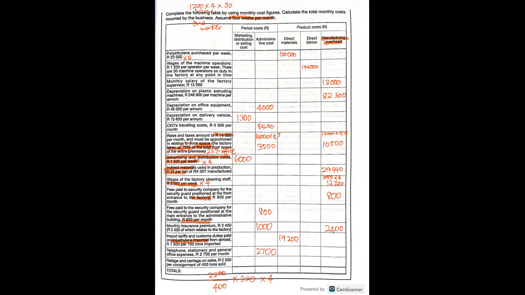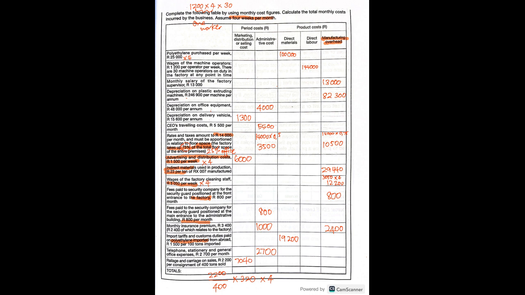Here again, as you can see, railage and carriage is based on your marketing, selling, and distribution. So this would be 7,040, and you are now done with your table.